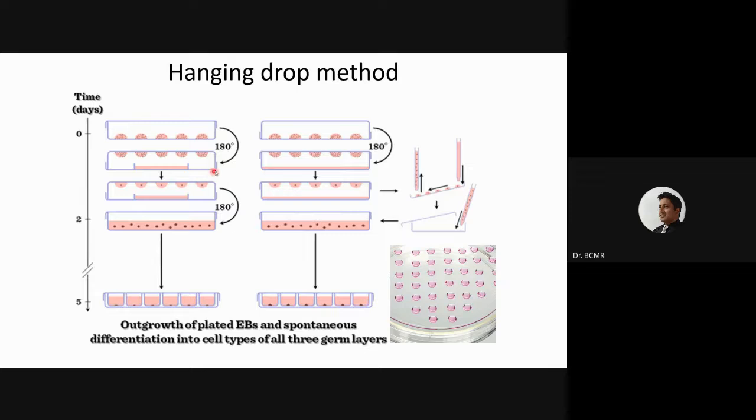When we invert, you will have the cap on the bottom, and the bottom is up. Now, because of gravity, you can assume that the cells will come to the bottom of this hanging drop. This drop is hanging, so you call it the hanging drop method.